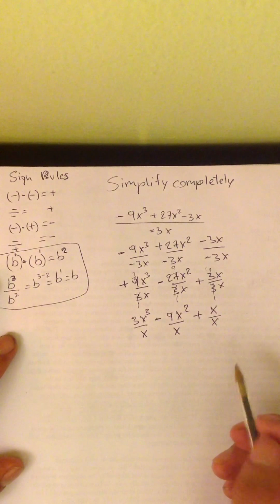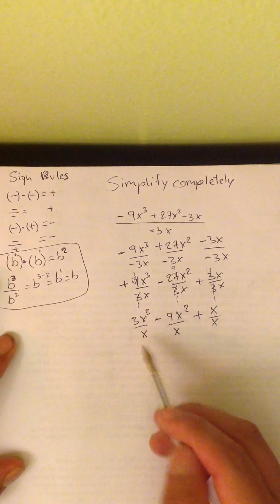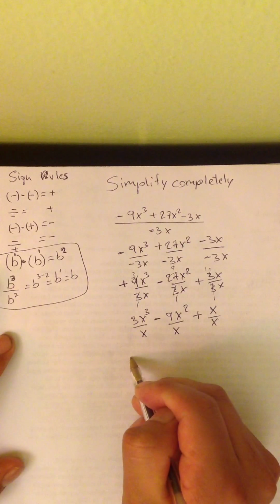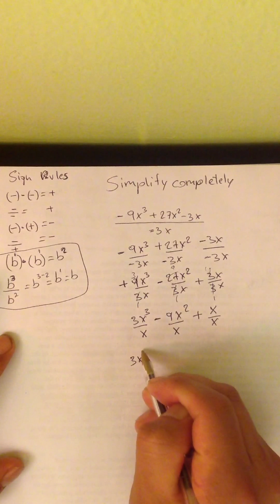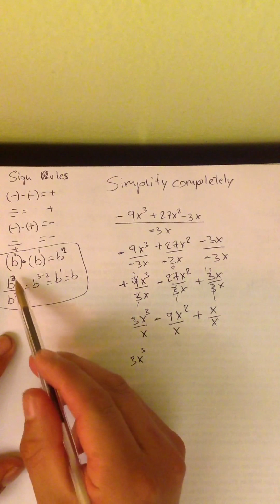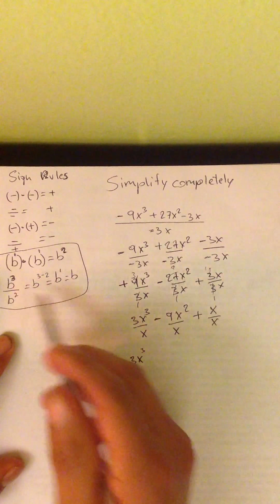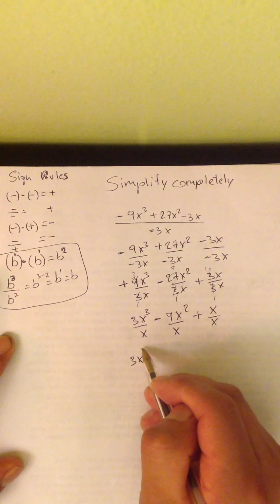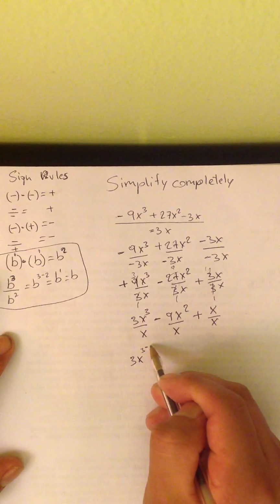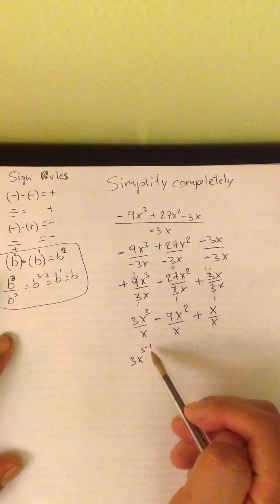So now let's do the x's. Let's simplify the x's. So x has a power of 3. So we say that when it's division, we subtract the top and the bottom, right? So we subtract 1 because it's a power of 1.